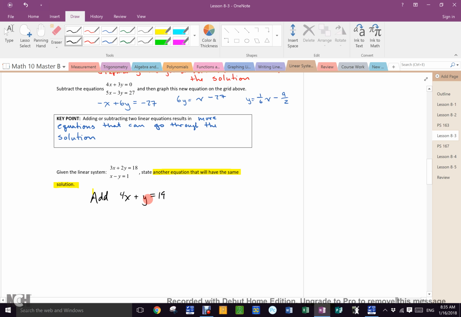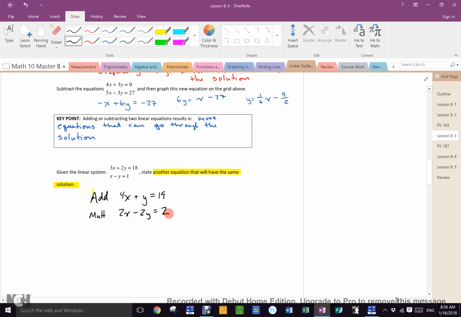That would work. What else could I do? Jazri. I could multiply one of them. Which one? You could multiply the bottom one. By what? 2. Okay, that would get me 2x minus 2y equals 2. Everybody cool with that? Okay.